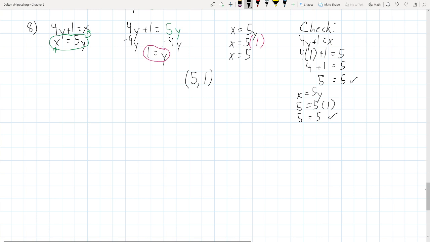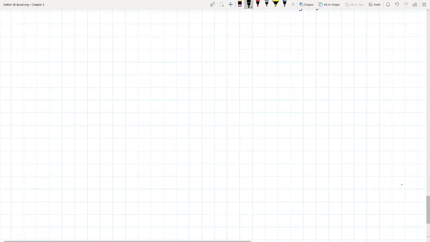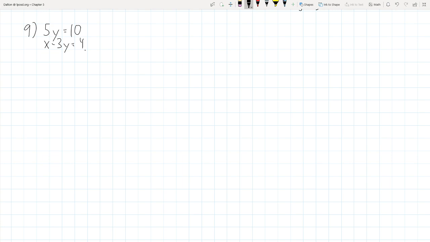Okay, let's do another one. Number 9. 5y equals 10, and x minus 3y equals 4. This one's a little more complicated, mainly because we don't have a variable by itself.